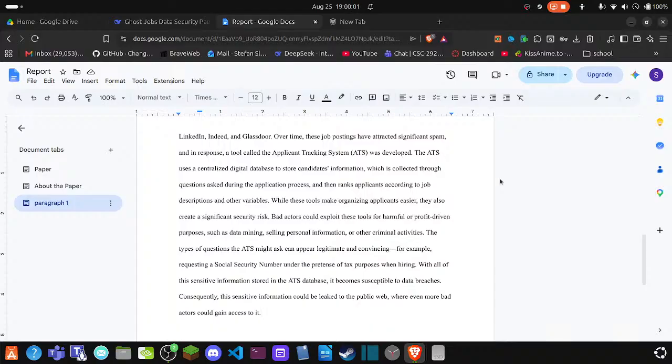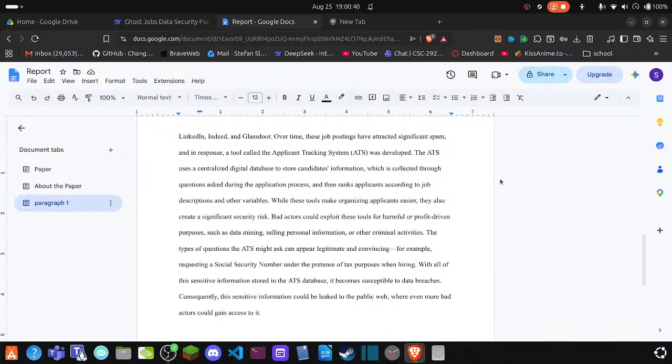process, and then ranks applicants according to job description and other variables. While these tools make organizing applicants easier, they also create a significant security risk. Bad actors could exploit these tools for harmful or profit-driven purposes, such as data mining, selling personal information, or other criminal activities.